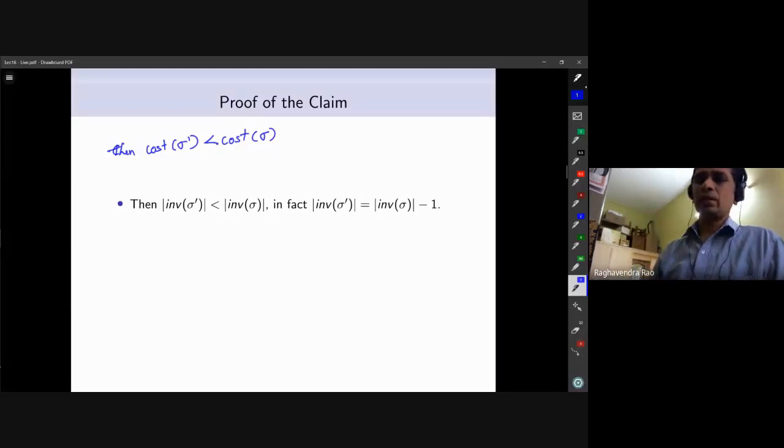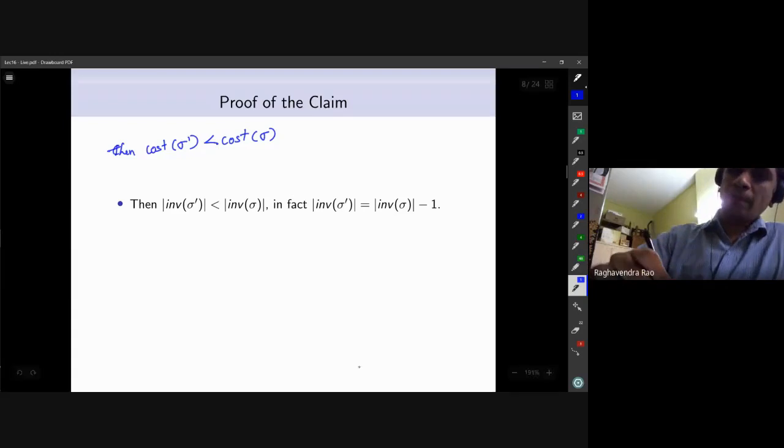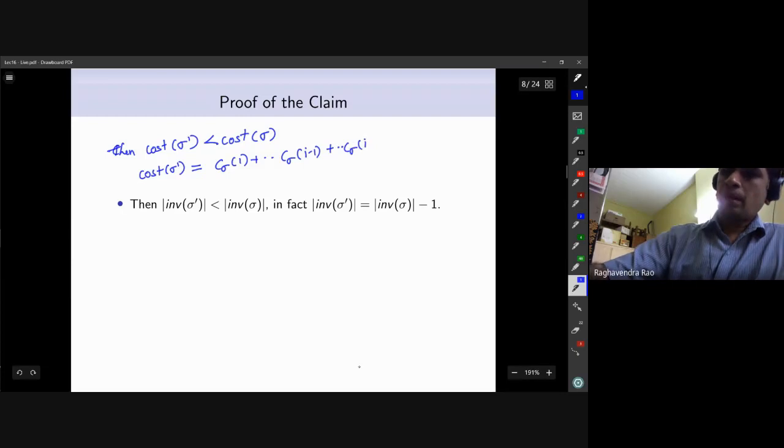So why was that? The cost of sigma prime was basically C sigma 1 plus etc., C sigma I minus 1, plus etc., C sigma I plus 1, plus etc., plus C sigma n.